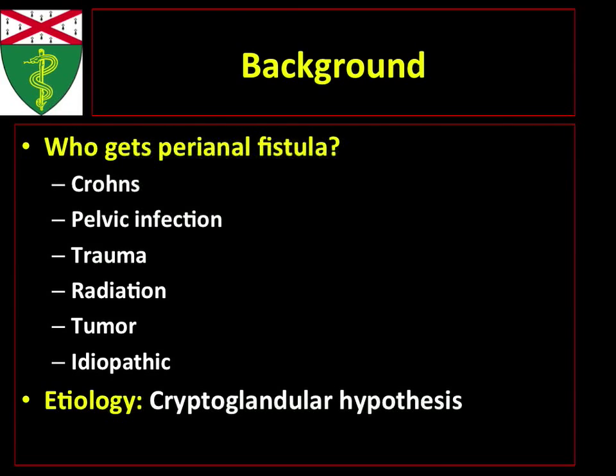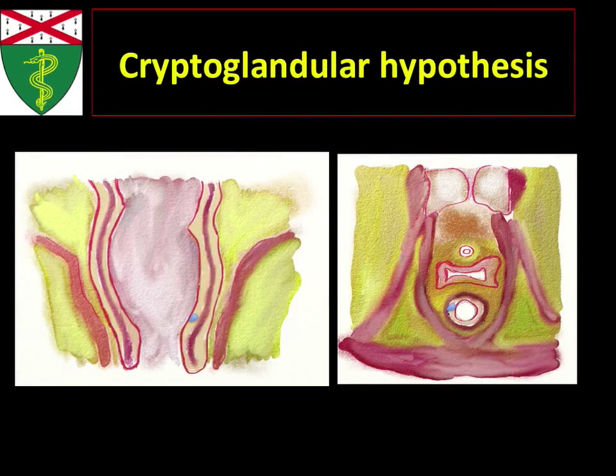And why does it happen? Well, the ongoing theory is something called the cryptoglandular hypothesis, which is really cool to say. And that explains some of these reasons why the perianal fistulas happen. So back to our diagram, we're all familiar with this now.